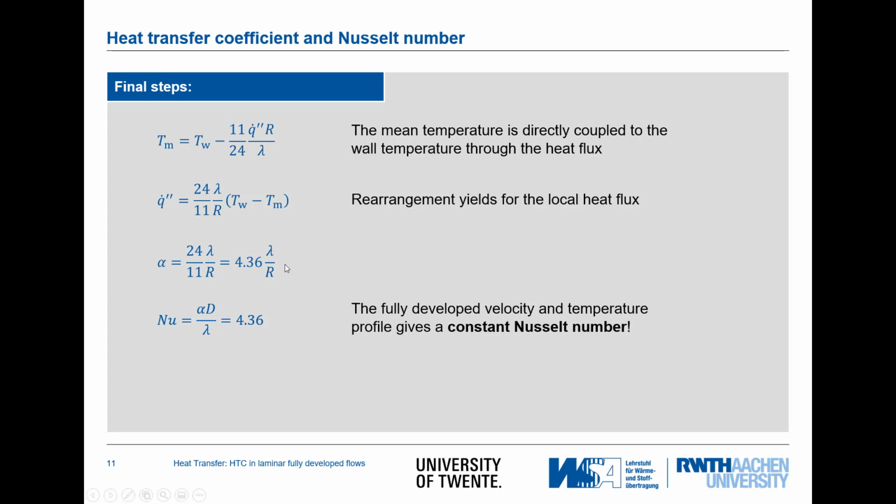If we look at the dimensionless heat transfer coefficient, then we have to include this in our equation here. Nusselt is alpha times the radius divided by lambda, and then we come up to a factor of 4.36. And you see, for the fully developed velocity profile, the temperature gives a constant Nusselt number.